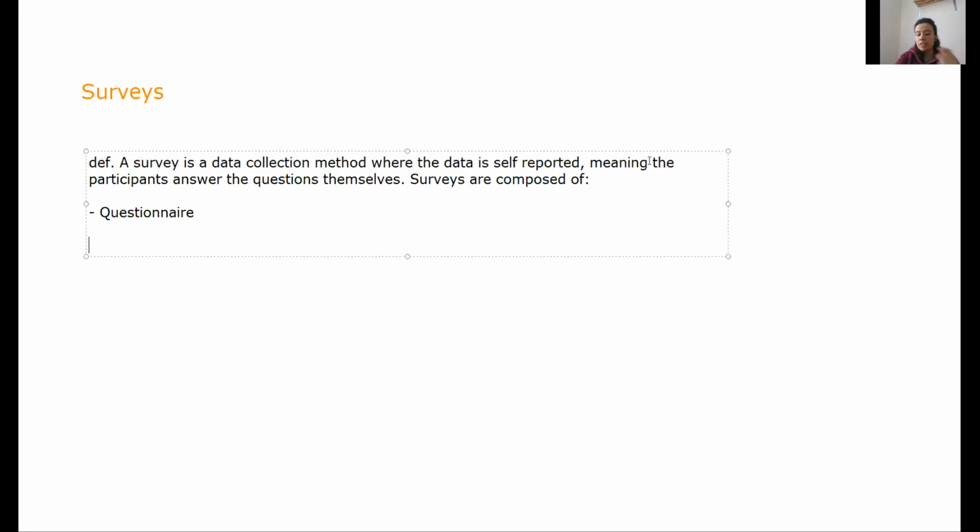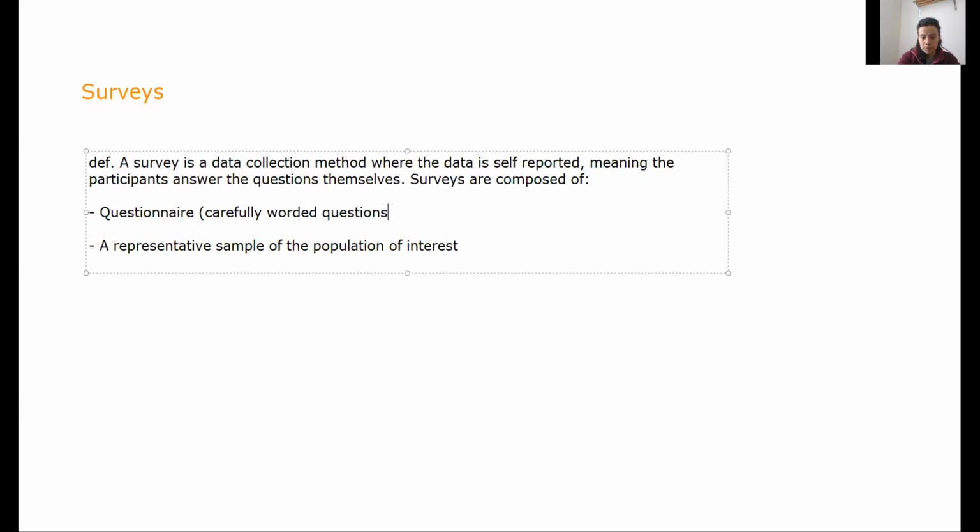Okay. The next thing that we need in order for a survey to be good is a representative sample of the population of interest. And the questionnaire, I'm just going to put that as a bracket over here, has to include very carefully worded questions.